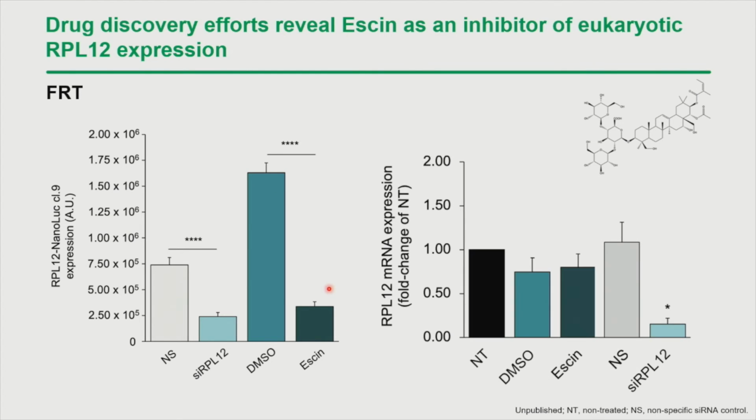We have gone on to further ascertain whether this effect is at the level of transcription, translation, or later in the processing of this protein, and at least with early mRNA data, it suggests that aescin is not inhibiting the transcription or the transcript abundance. So it would suggest it's impeding RPL12 expression at the level of translation or later.